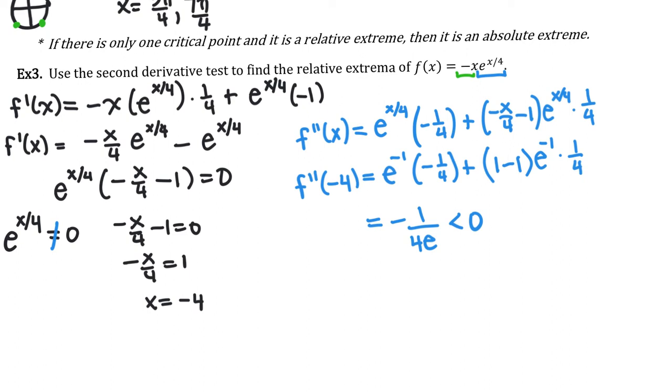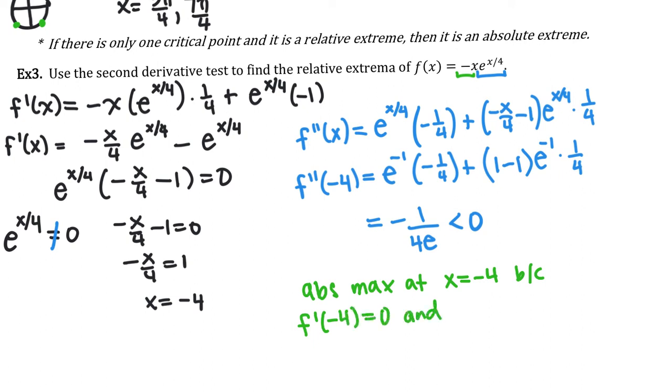But because it's the only critical number, it's the only relative maximum, which means it's actually the absolute maximum. So the best way to describe it is that there is an absolute maximum at x equals negative 4. And the reason is because f prime of negative 4 equals 0, and because f double prime of negative 4 was less than 0.